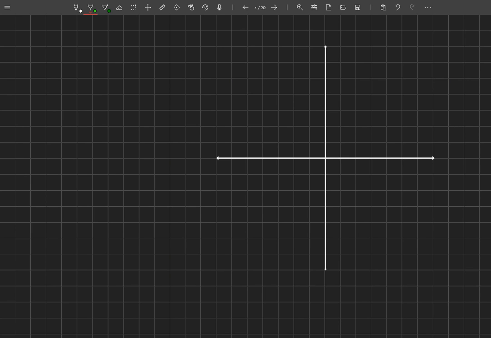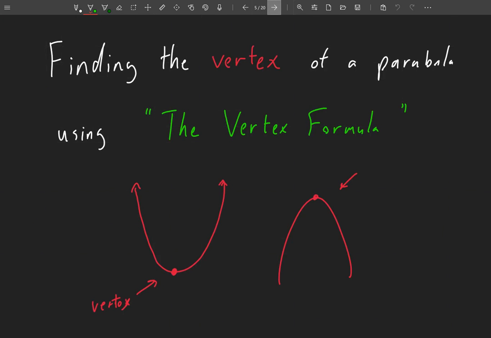If I wanted to know, let me go over here, what is the largest value of a function? Oh, I do need to slow down and try to write a little better. I apologize.